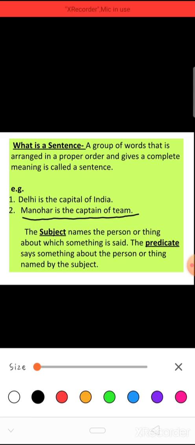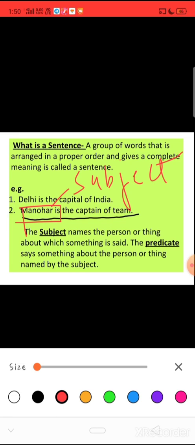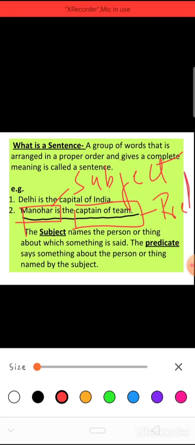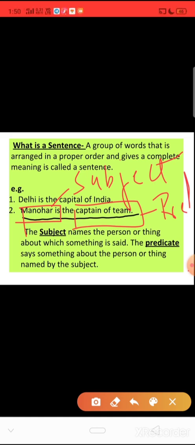So here we are talking about Manohar, so he becomes the subject of the sentence. And what we are telling about him? That he is the captain of the team. That became the predicate.